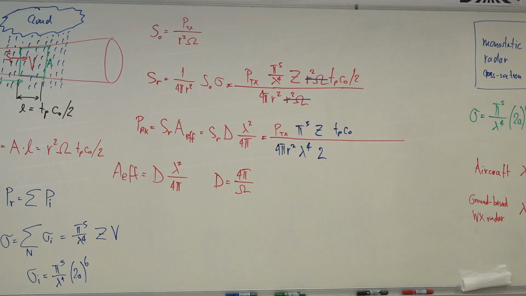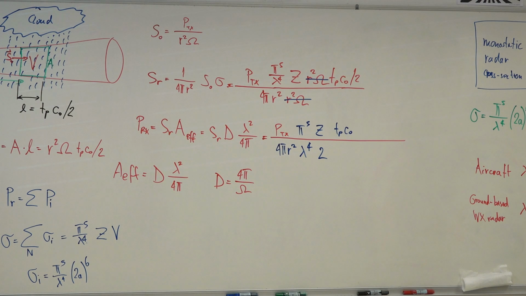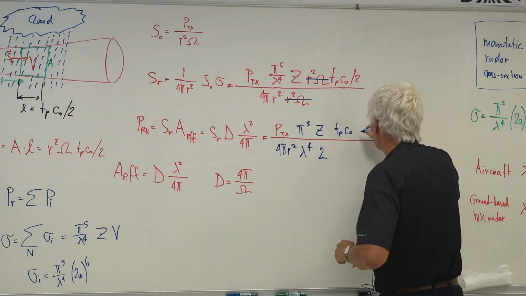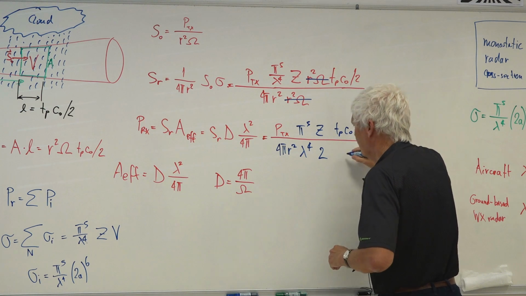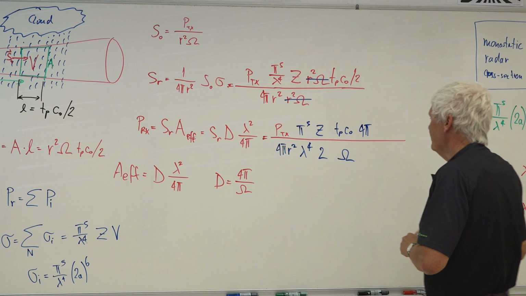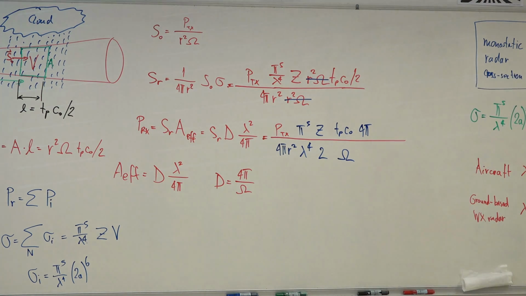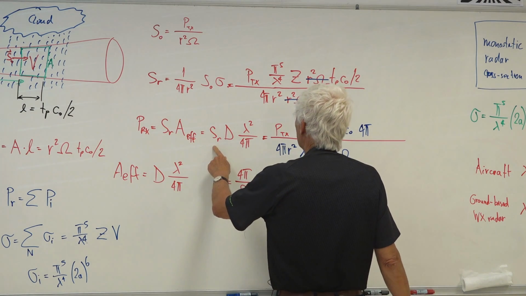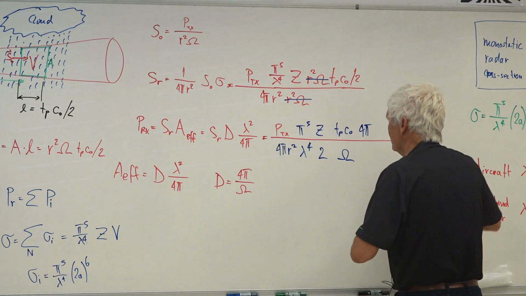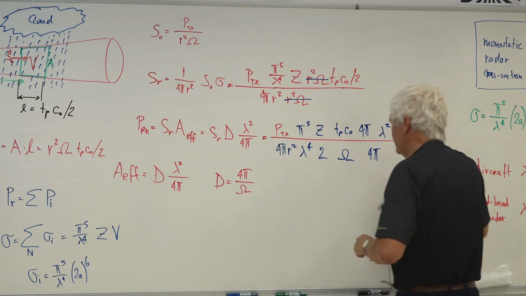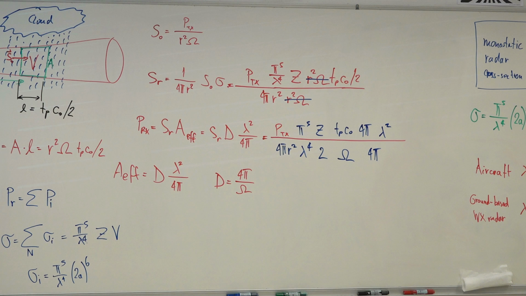I still forgot to put D inside, so this is 4 pi over omega. And I'm still missing this S receiver: I have the lambda squared over 4 pi here.